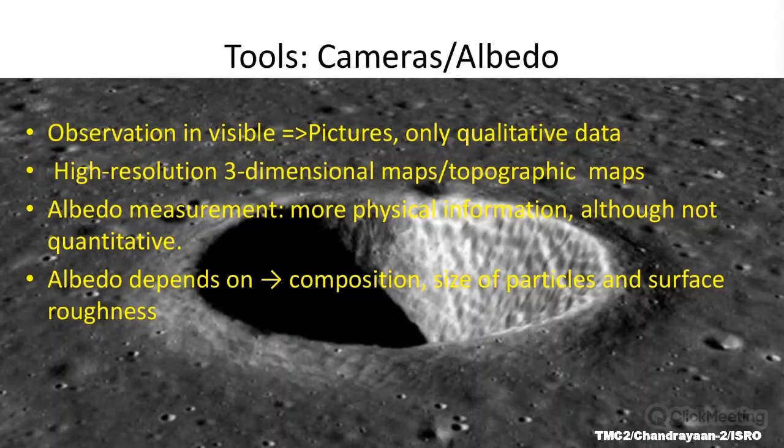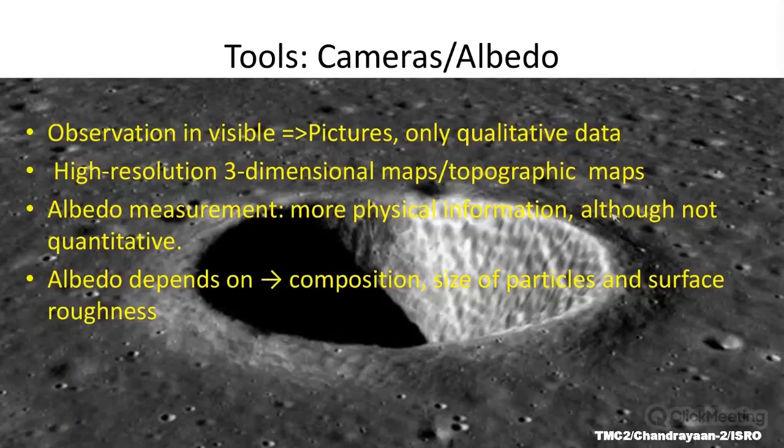So basically, observation in visible is a kind of qualitative data. It gives high resolution three-dimensional topographic maps. This can be used for albedo measurement, although not quantitative, and this albedo is dependent on composition, size of particles, and surface roughness.